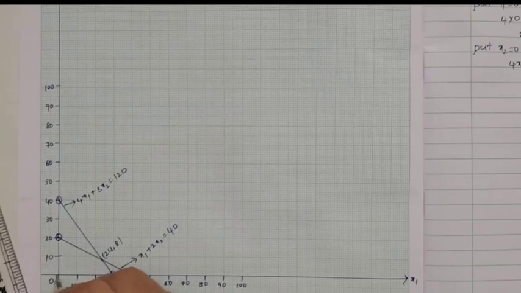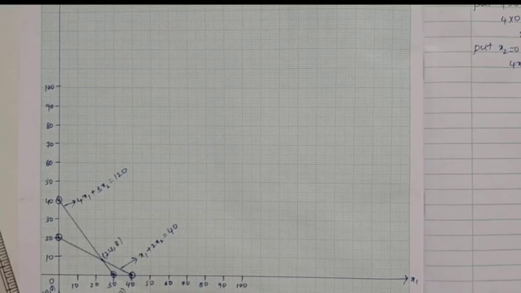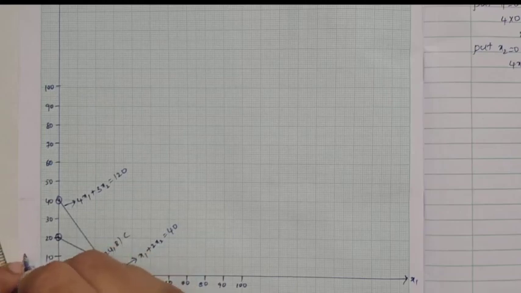Here we have A (0, 0), B (30, 0), and C, the point of intersection (24, 8), where 24 is x1 and 8 is x2, and another point D, that is (0, 20).